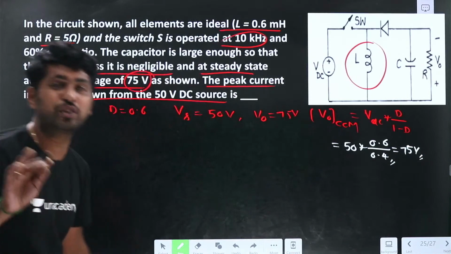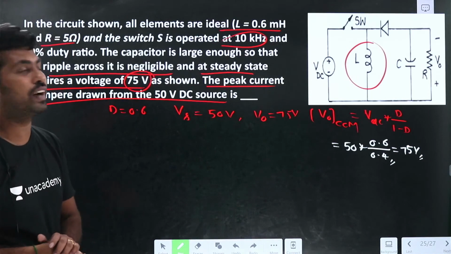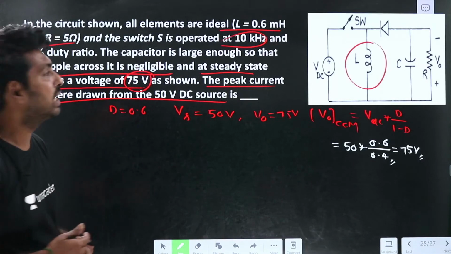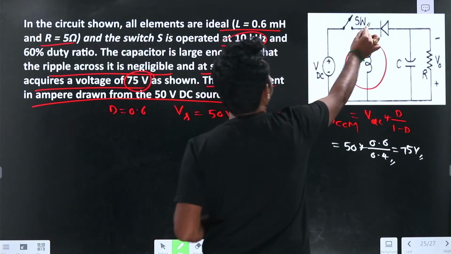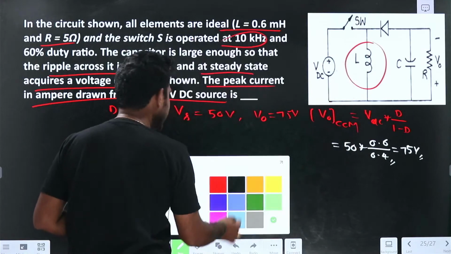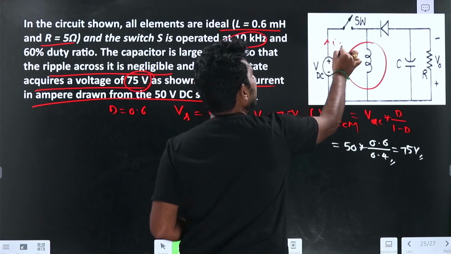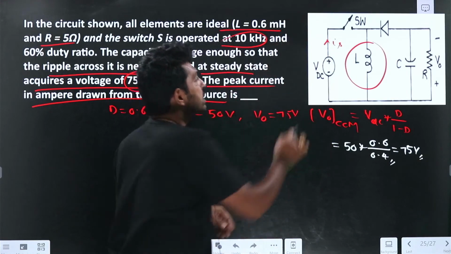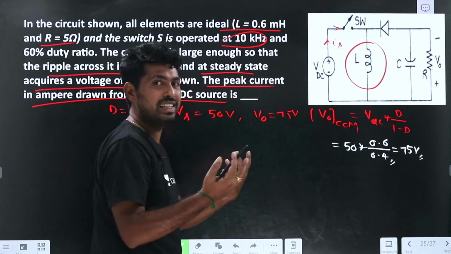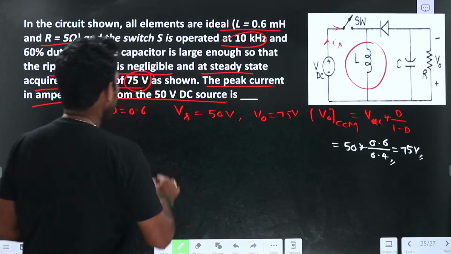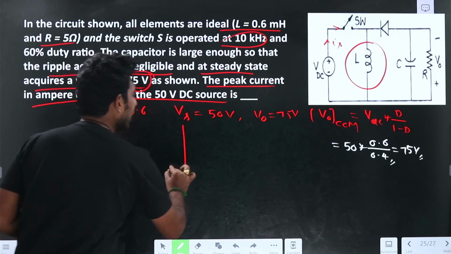Now what do we need to find here? It is simple, guys. We need to find the source current. Here the source current is equal to the switch current, because the source and switch are connected in series. Now we need to find the peak value.